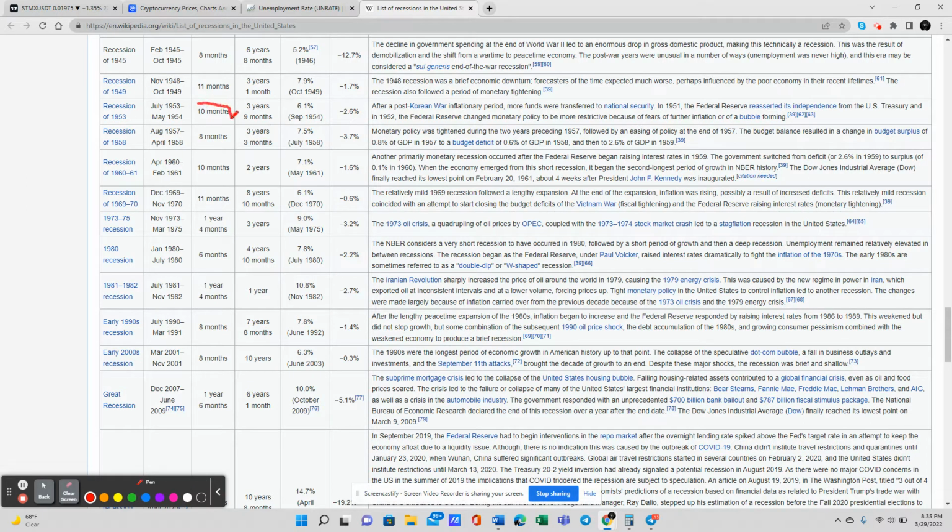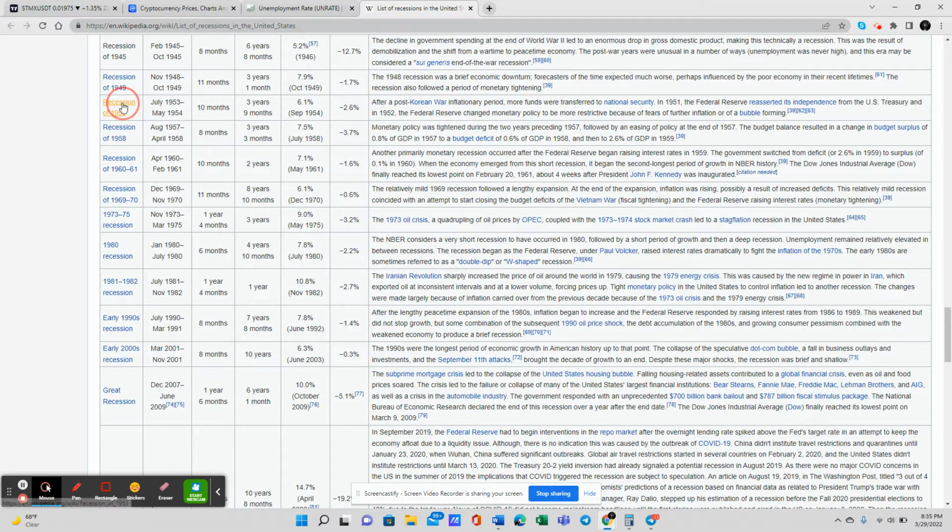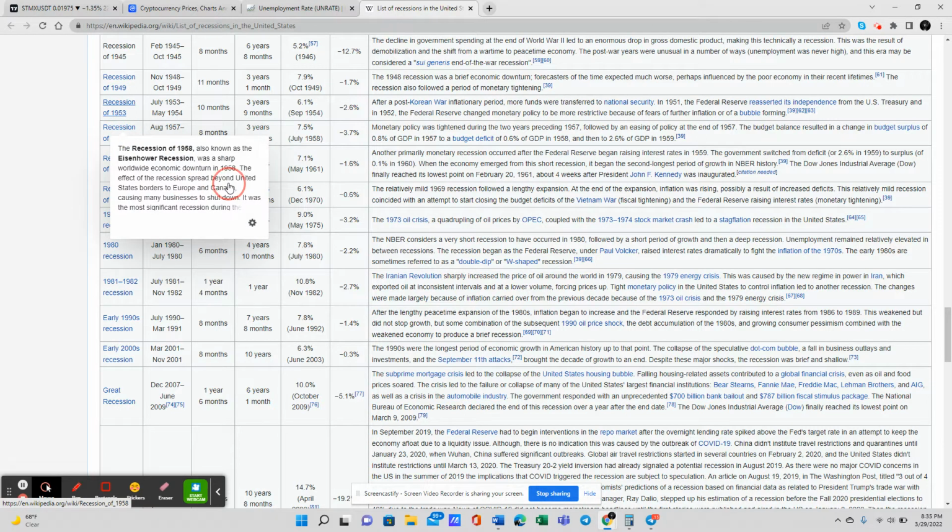This is how long it lasted, and this is the time period from the last one, which was in 1949. You can go to Wikipedia and look at this stuff, and it'll break down what probably led to it.